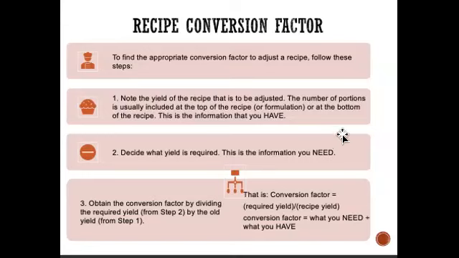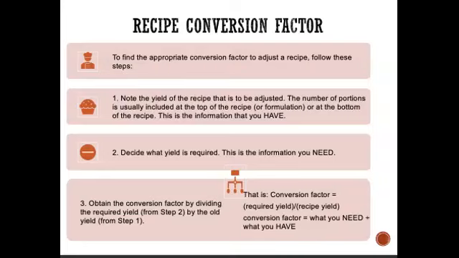So let's say that you want to do 20 portions and you have a recipe that gives you 10. What you will have to do is divide the new yield, which is what you want to result, right?